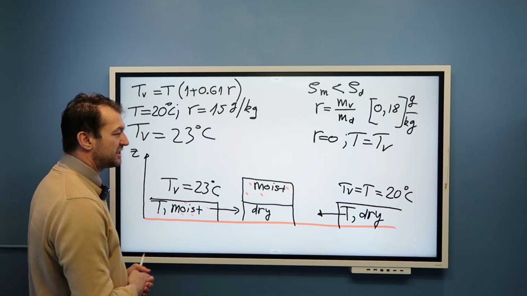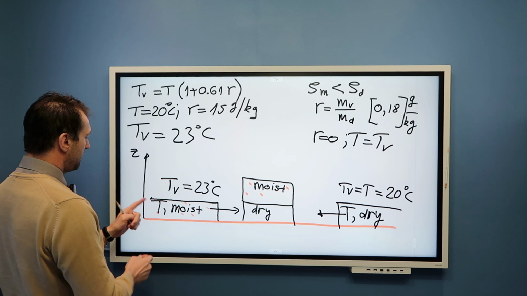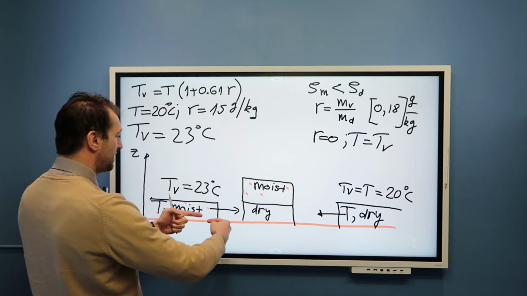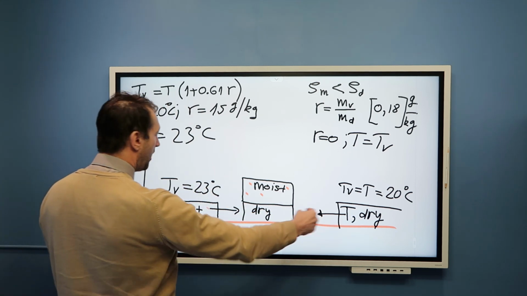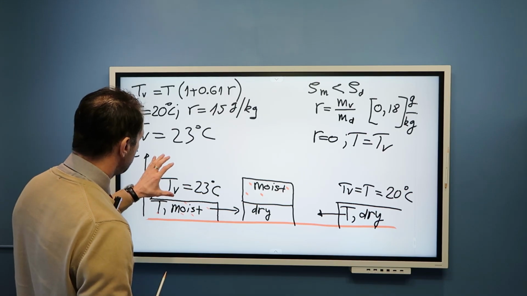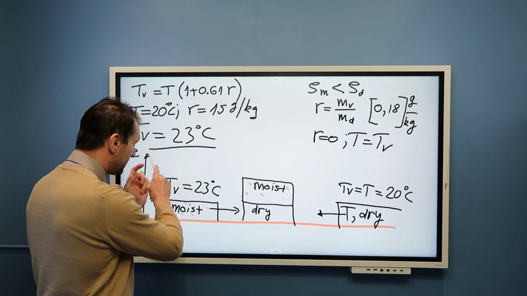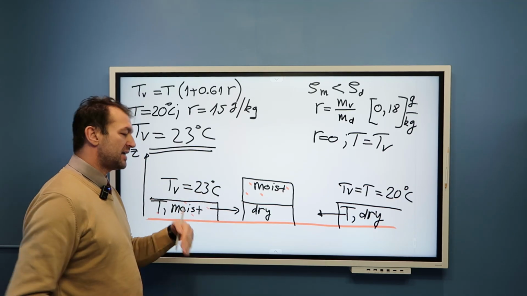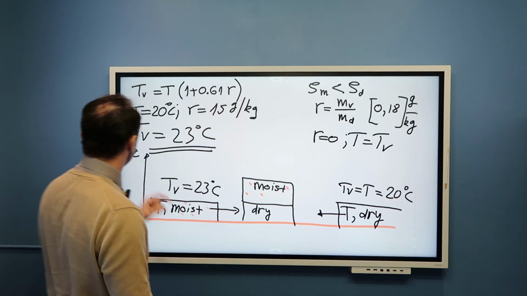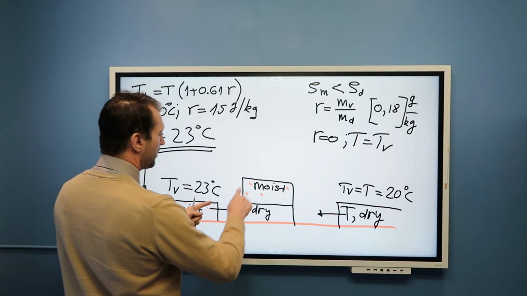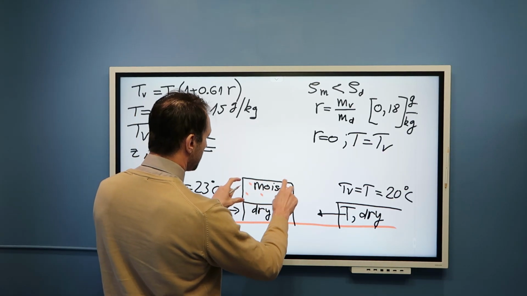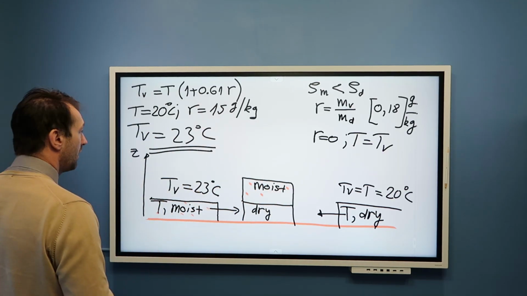So now it's even clearer, because you have two air masses of the same temperature, 20 degrees Celsius, that collide. The moist one behaves as if the temperature was 23 degrees Celsius, namely as if the temperature was the virtual temperature, and therefore the moist air will situate itself above dry air.